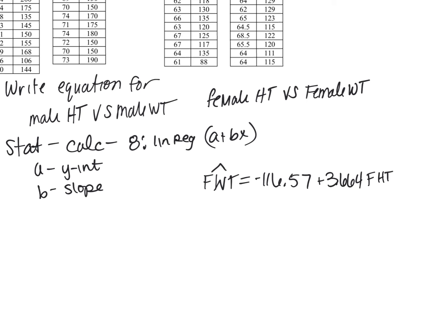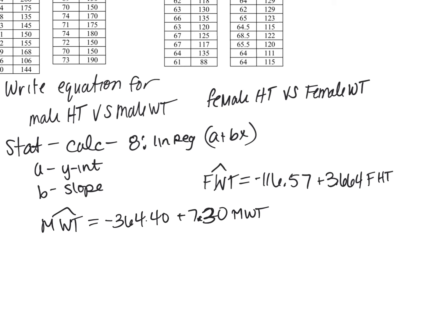And for the male height versus male weight, did we get plus 7.2, actually 30, because there are like three nines, so it actually rounds up. Male weight.